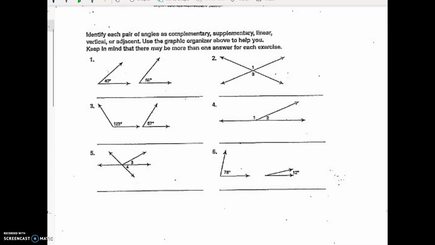So go ahead and try 1 through 6. Pause the video, try to do those first, and then when you unpause the video, you can see the answers to check and see if you did them correctly. I will pause mine also so I can get those written in, all right?